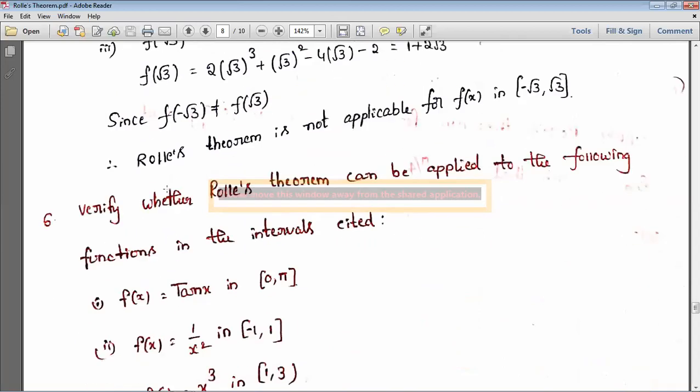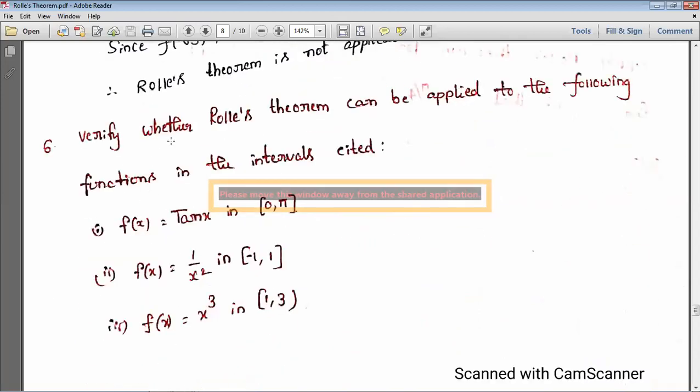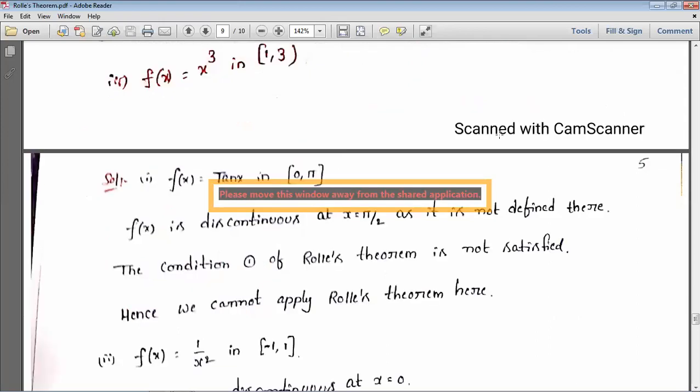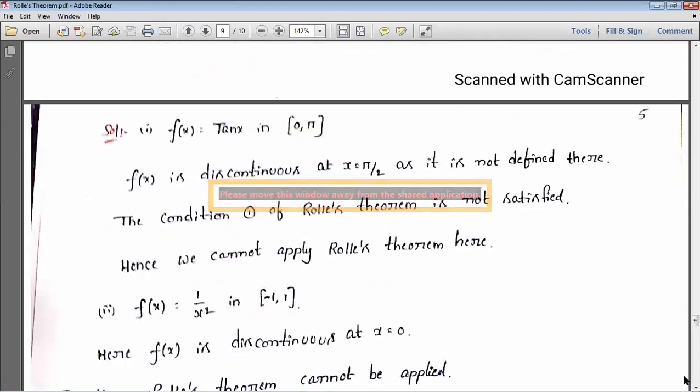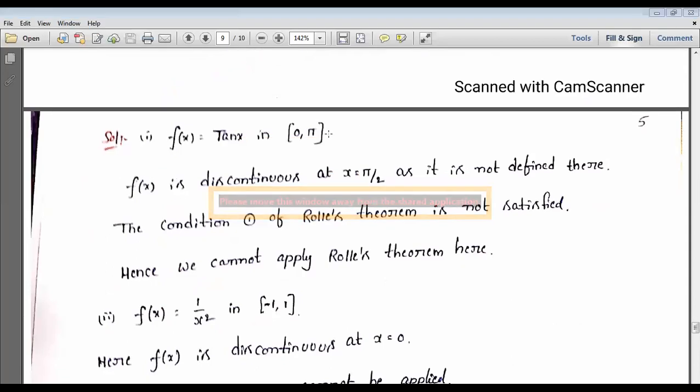Okay, next, verify whether Rolle's theorem can be applied to the following functions in the intervals cited. Here they give some functions and they're asking to check whether Rolle's theorem can be applied or not. If not, which condition fails? That one we need to say here. First one, what is the function they give? f of x is equal to tan x and the interval is 0 comma pi.